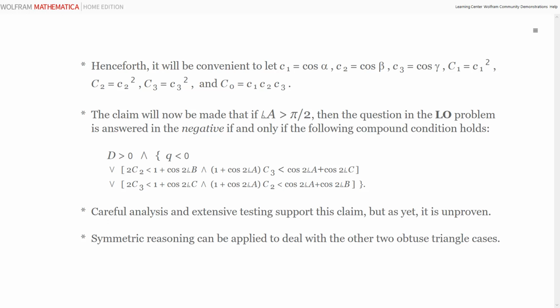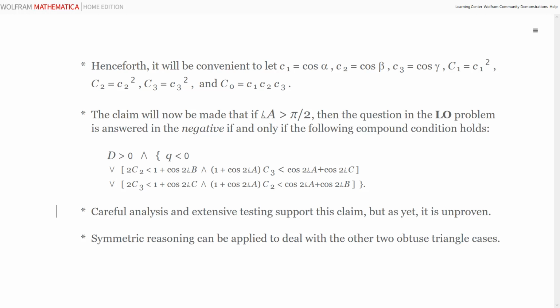D greater than 0 and the following: Q is less than 0 or something else or something else. Then as you see, each of these something elses involve angle A, angle B, angle C, as well as capital C2 and capital C3.